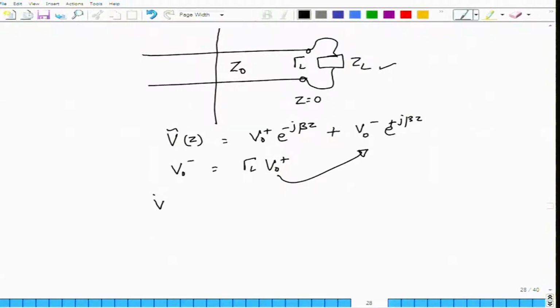So, your total voltage V of z will be V0 plus e power minus j beta z plus gamma L V0 plus e to the power j beta z.